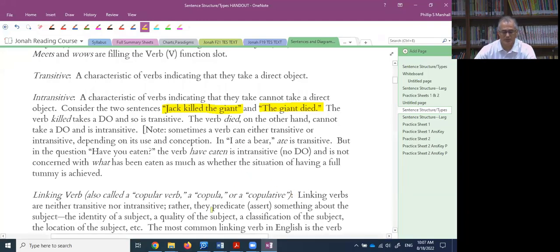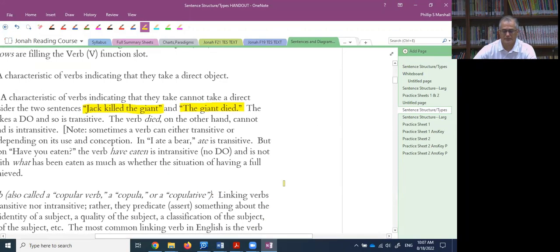Another example would be something like to run. "Jack ran yesterday." Okay, so he's an athlete. He runs daily. Jack ran yesterday. Is that transitive or intransitive? It is intransitive.